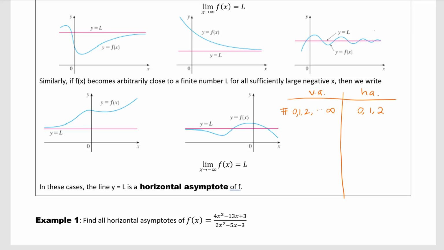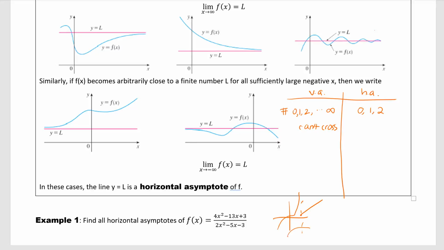And how about the vertical asymptotes? Can we cross the vertical asymptotes? No, we cannot cross it. Okay, so maybe we can have a picture. On this side we have the vertical asymptote. On the other side we have dots right here, but they're not connected together.